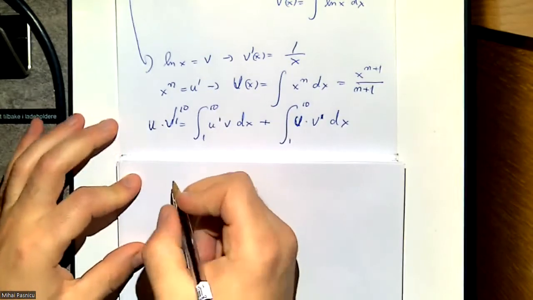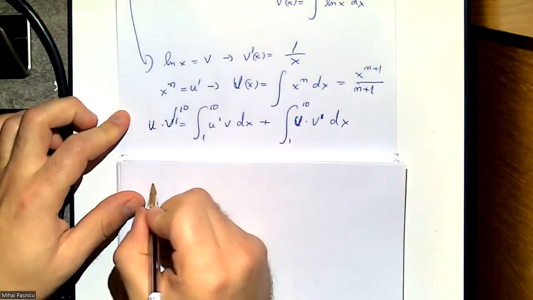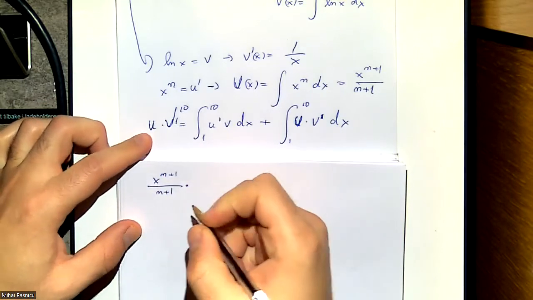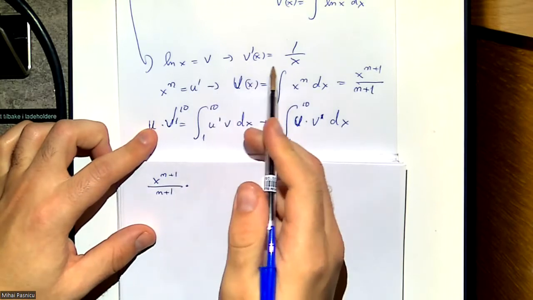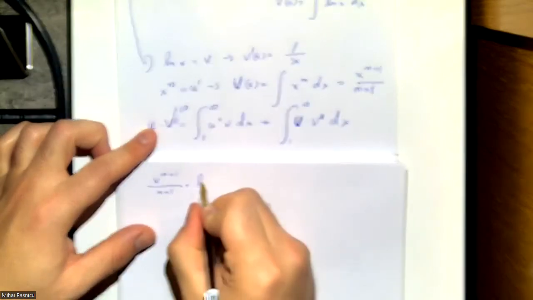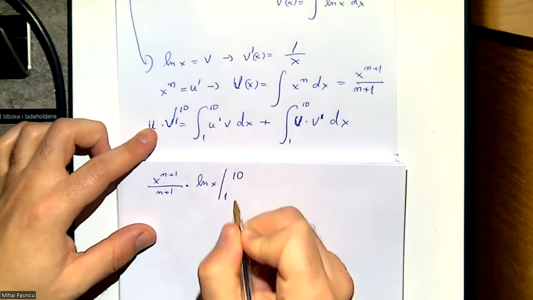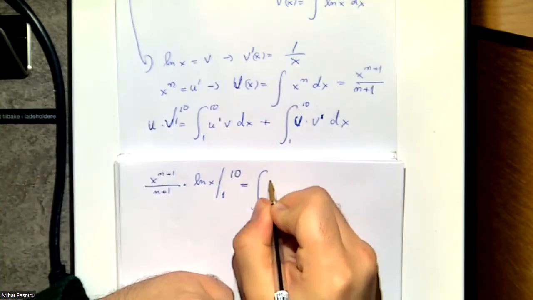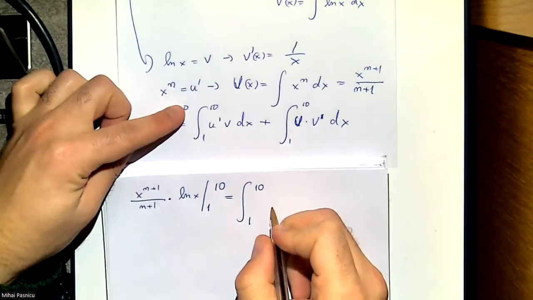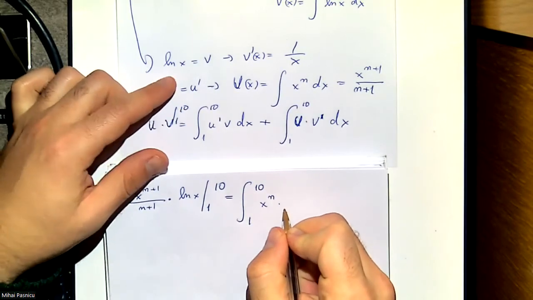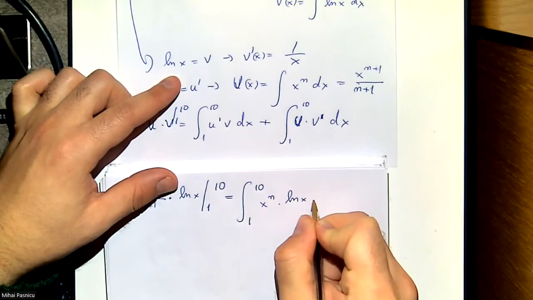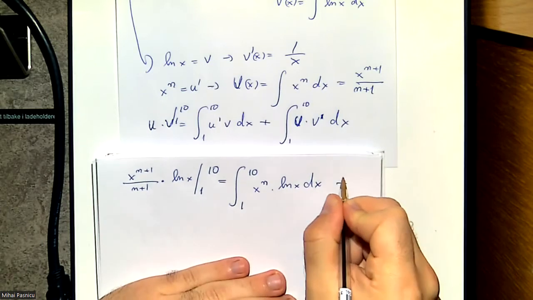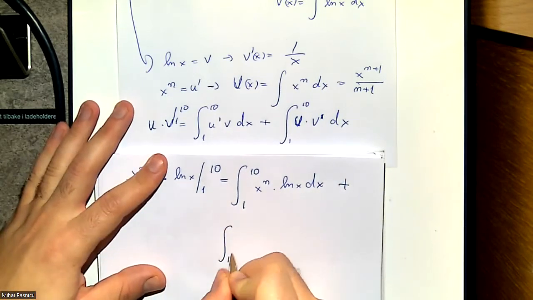Okay, now let's just plug in our things. u is x^(n+1) over n+1, times v, which is log of x, from 1 to 10, which is equal to the integral from 1 to 10 of u prime, x^n, times v, ln of x, dx, plus the integral from 1 to 10.